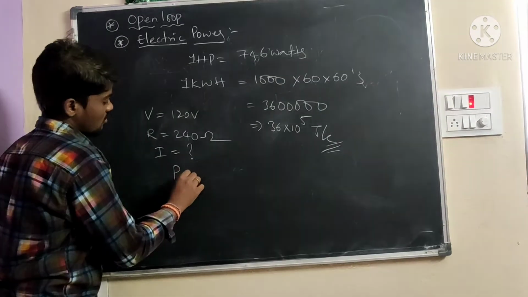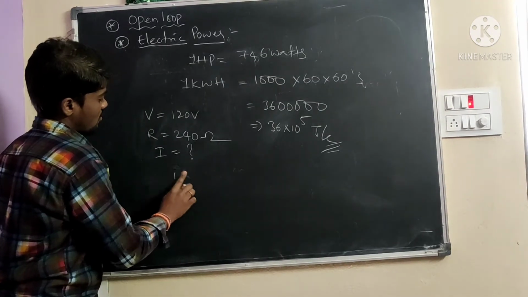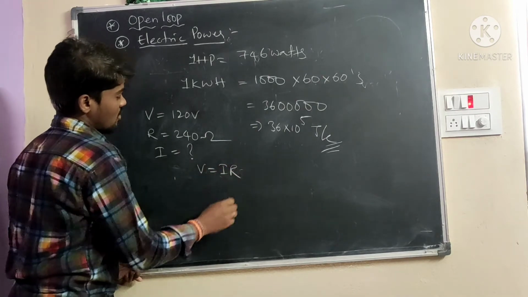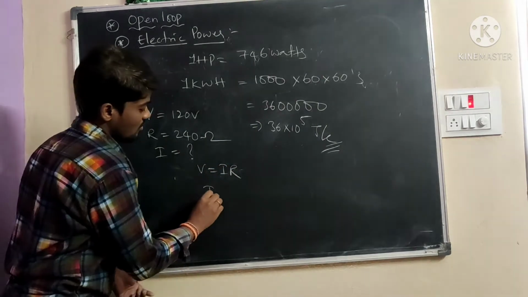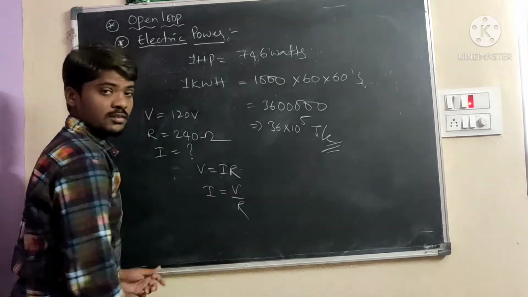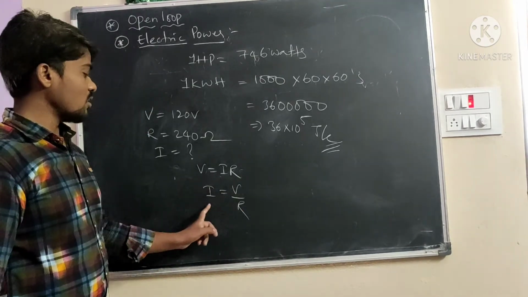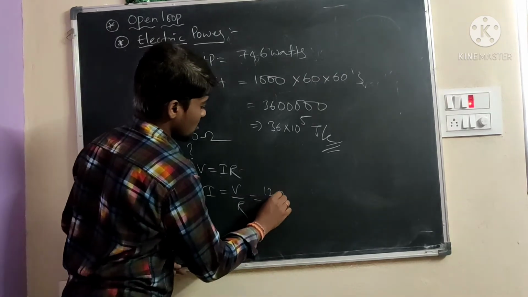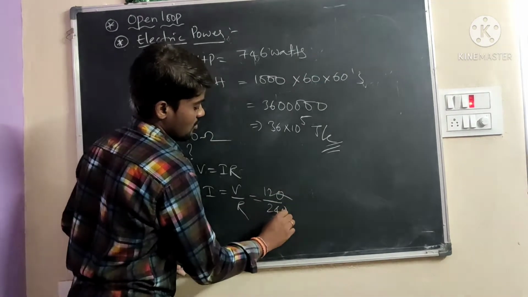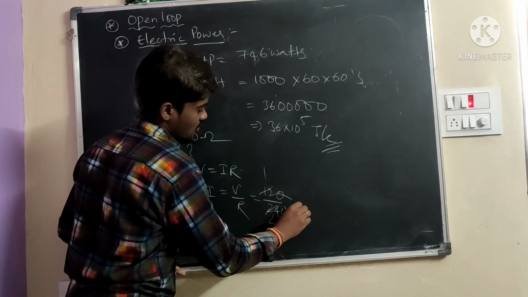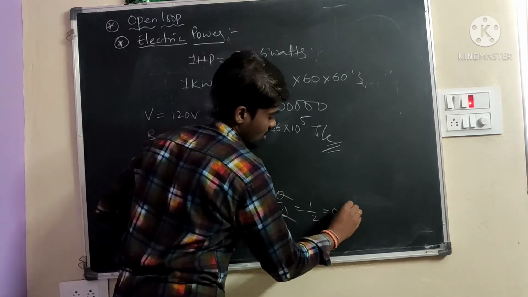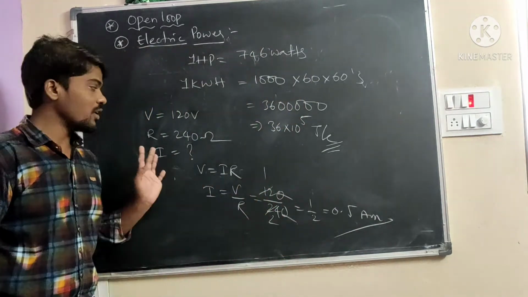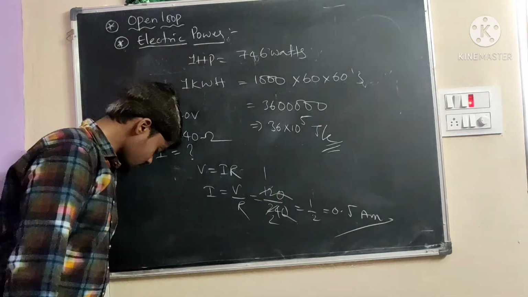According to Ohm's law, V is equal to IR, so I is equal to V by R. V is given and R is given. 120 by 240, zeros cancel, 1 by 2 means 0.5 ampere.